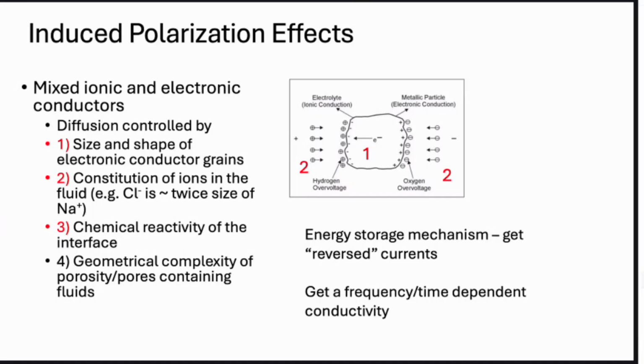So it's much easier for the chlorine to move than it is for the sodium. Sorry, vice versa. So that affects exactly what happens. The third factor that comes in is chemical reactivity at the surface. If ions are dissolving and coming off the electronic conductor or not, that makes a difference. And fourthly, geometrical complexity of the porosity and pores containing things.